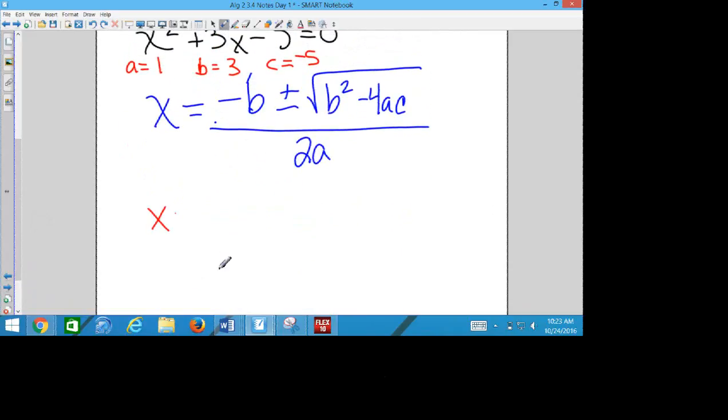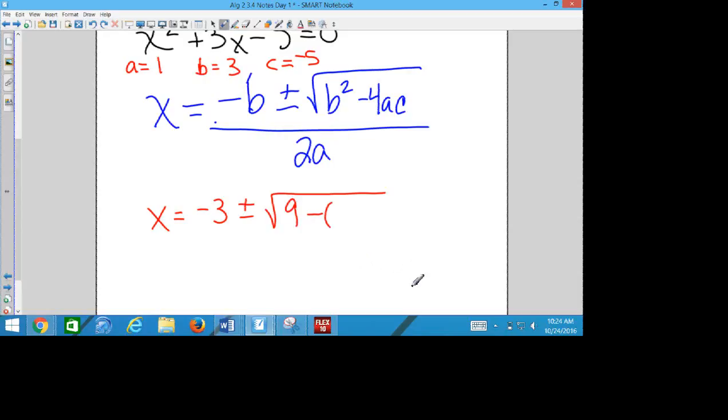So we're going to have x equals. Then we do the opposite of B. Negative 3. Plus or minus square root. Now we do B squared, which is 9. Now we do minus, and I like to open a parenthesis here.